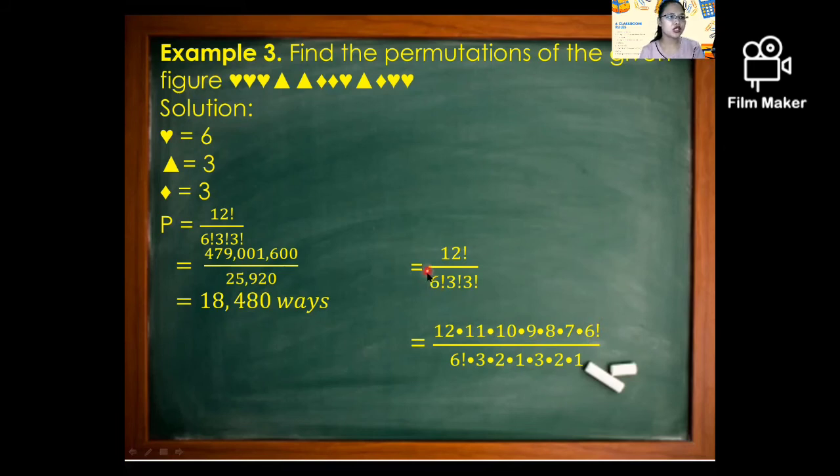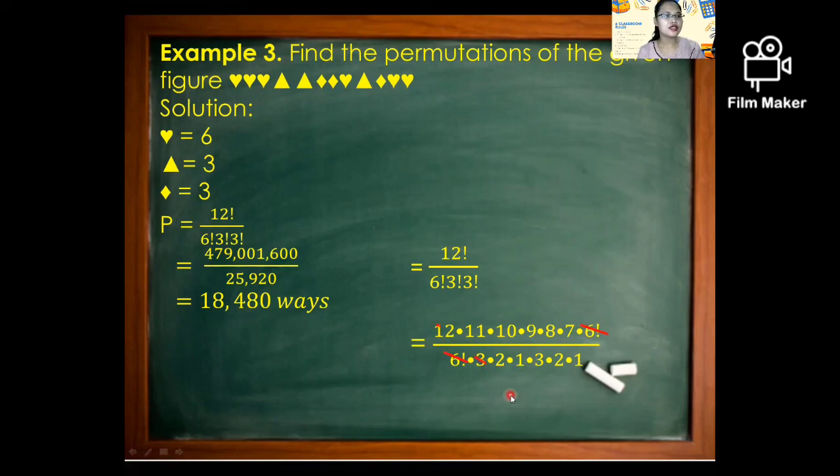Tapos, si 6 factorial, kukopyahin na lang natin siya para mamaya pag nag-cancel tayo, mas madali. Then, 3 factorial is 3 times 2 times 1. Another 3 factorial, 3 times 2 times 1. Then, i-cancel na natin yung mga pwedeng ma-cancel. Sabi nga natin, sa 6 factorial, pareho siya sa numerator at sa denominator. So, cancel natin siya.